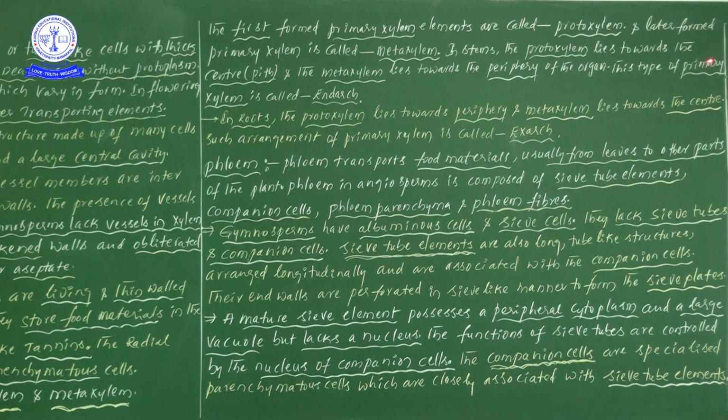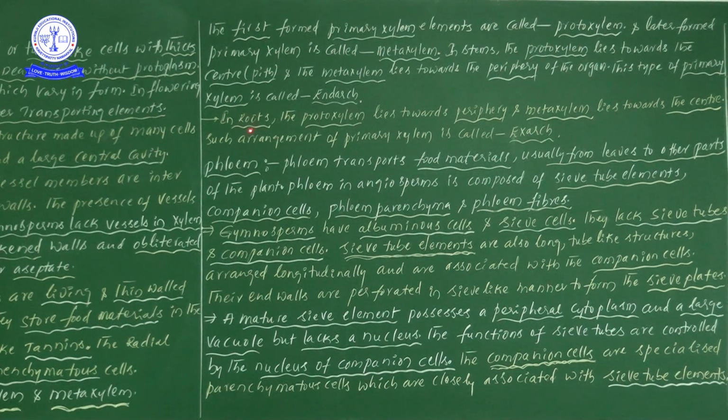Just try to remember this sentence; let us say it 2 or 3 times so that it is stored in our mind. In stem, protoxylem is situated towards the center and metaxylem towards the periphery of the organ. Such a condition we call endarch.